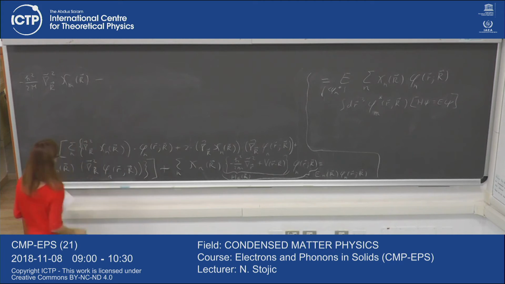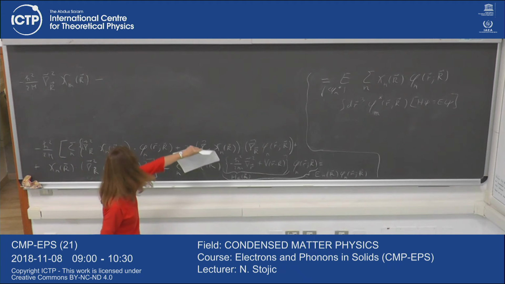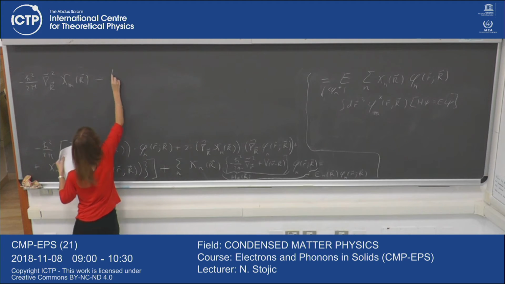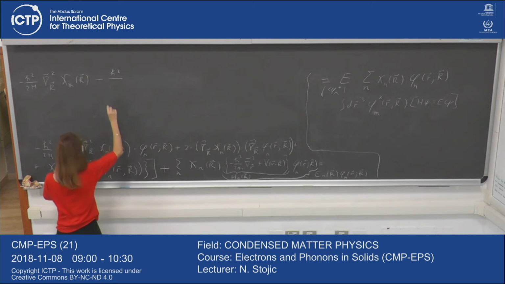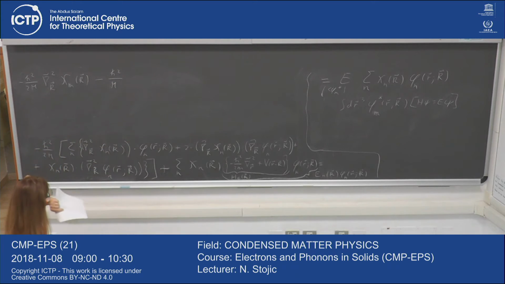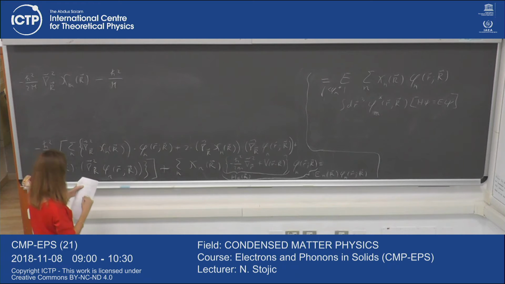The next term, this one, will give me minus h bar square over m. I simplify the 2 from the numerator denominator.